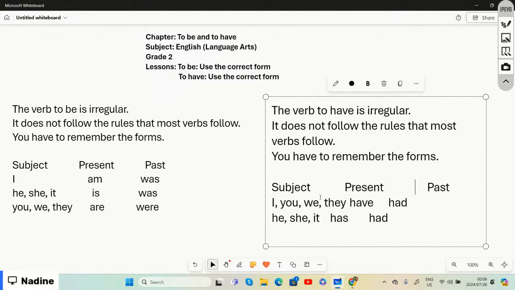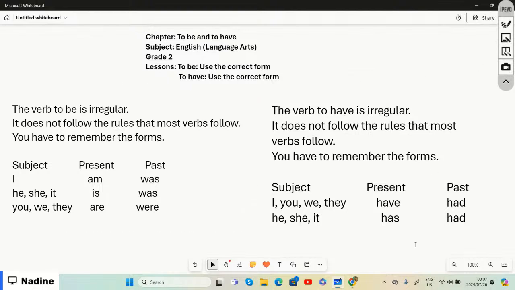All right, so when it comes to be, where we need to use the correct form, then we are specifically talking about the verb. And in this case, the verb is irregular.